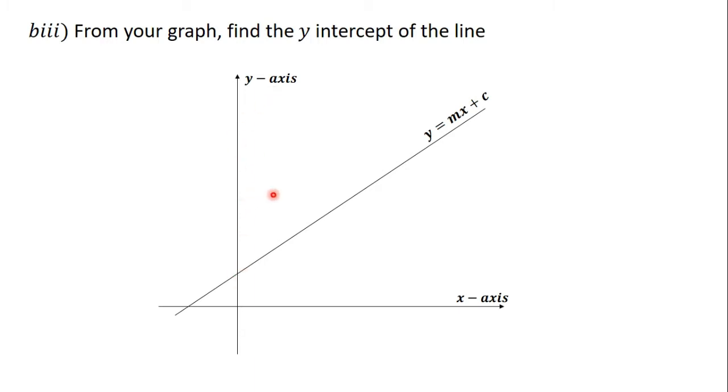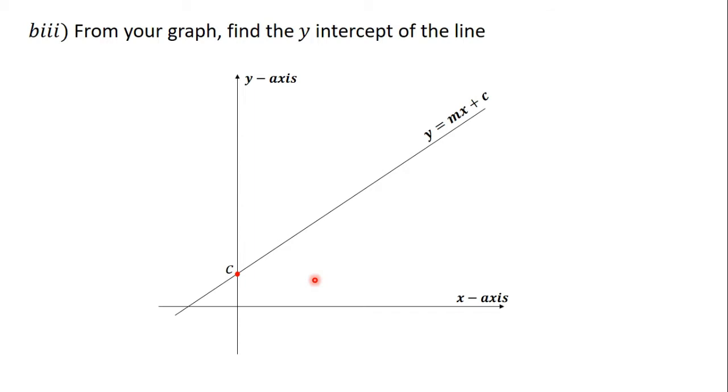So it's the point where the line cuts the y-axis, this point. So on this diagram, c is the y-intercept. That is the point where the line cuts the y-axis.